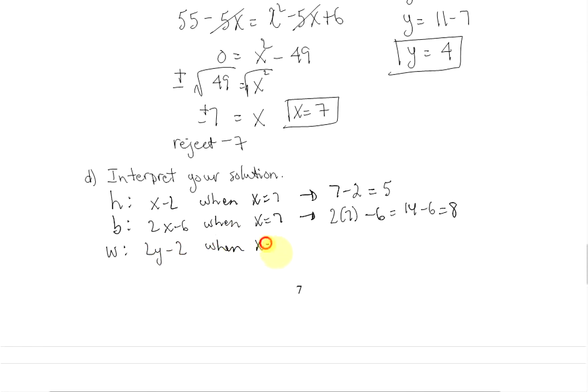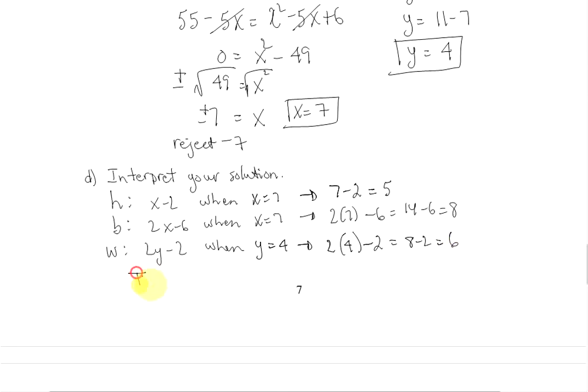So when x equals 7, I get 2 times 7 minus 2, which is 14 minus, sorry, let's back up here because I have a y, right? And I already know y is 4. So I have to plug in y is 4. Okay, so I'm going to go 2 times 4 minus 2, which is 8 minus 2. And I find that my width is 6.